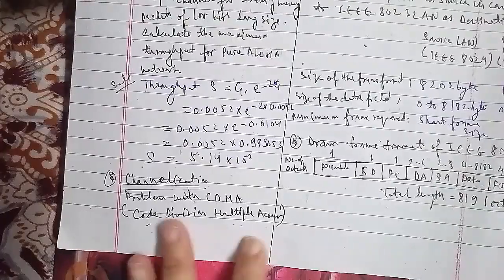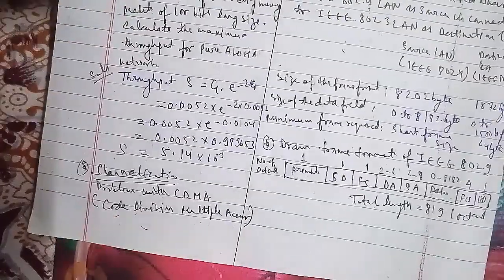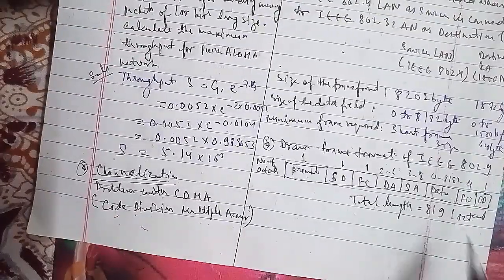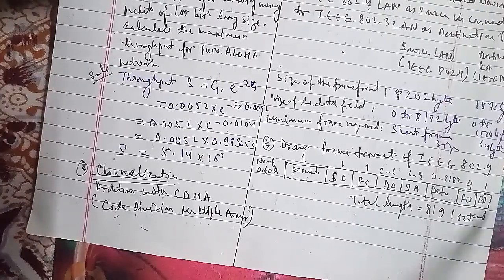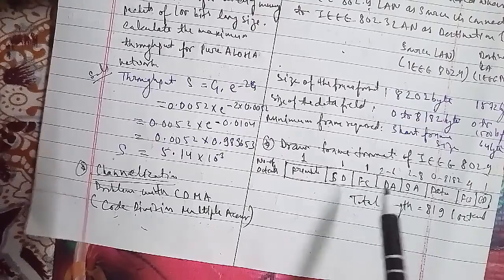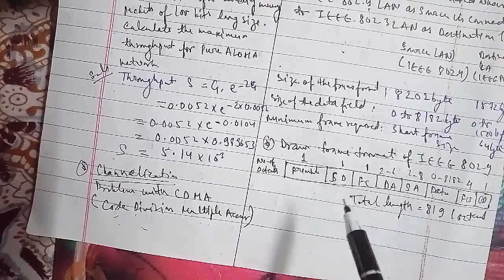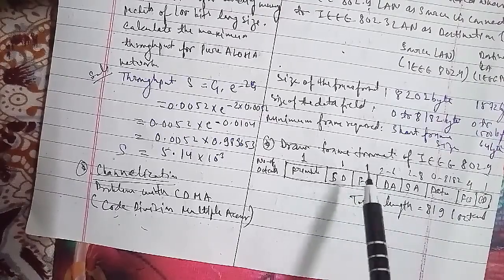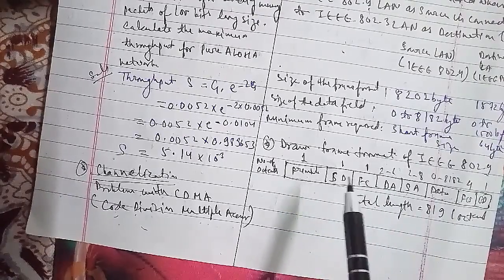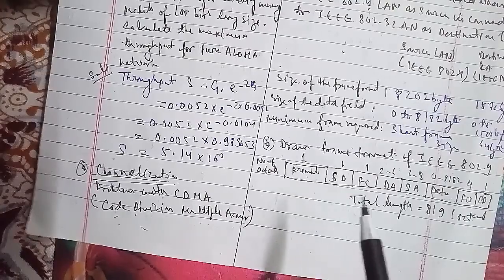So in reference to it, when we go into detail, the first is your SD, that is your start delimiter. The start delimiter field marks the beginning of the frame, and it is a 1 octet long unique bit pattern.